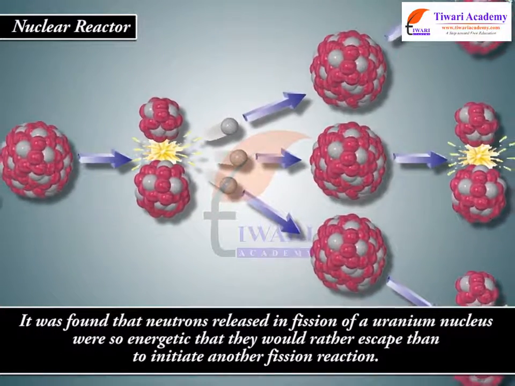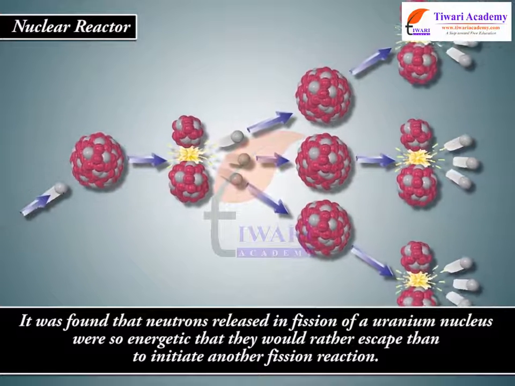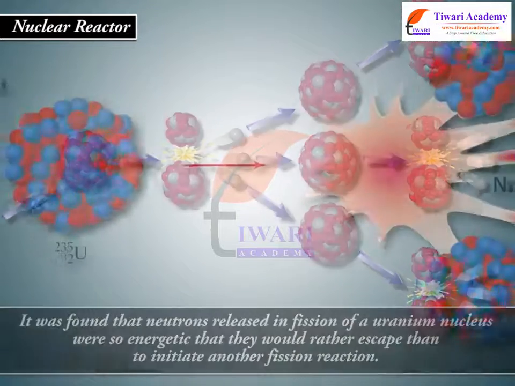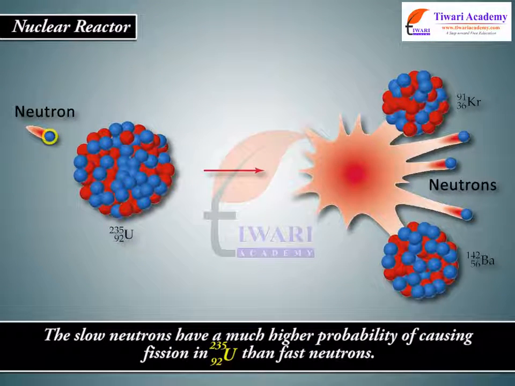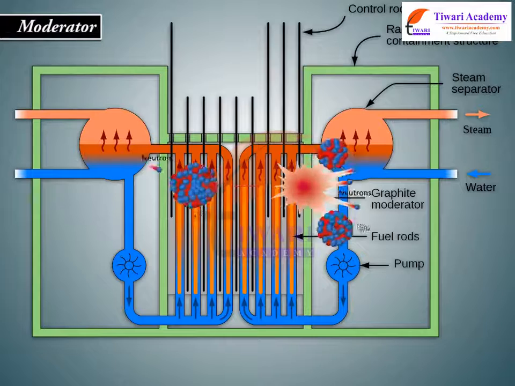It was found that neutrons released in fission of a uranium nucleus were so energetic that they would rather escape than initiate another fission reaction. The slow neutrons have a much higher probability of causing fission in 92U235 than fast neutrons. Moderator.